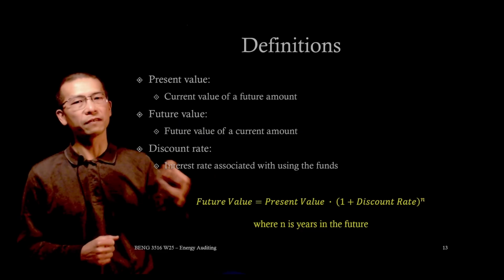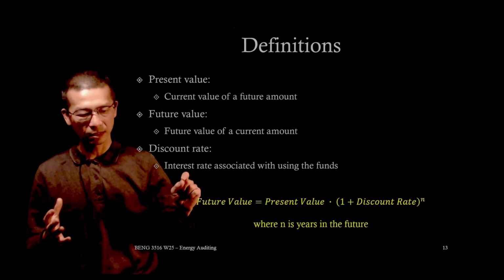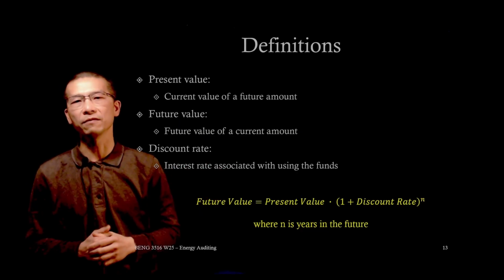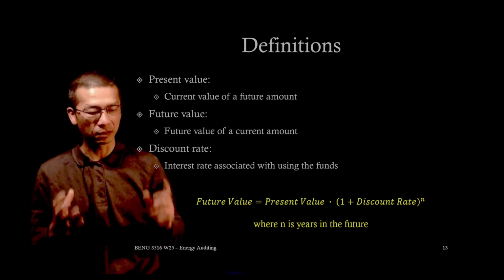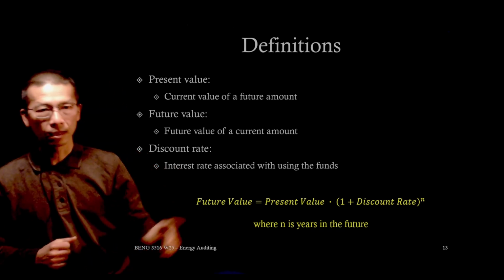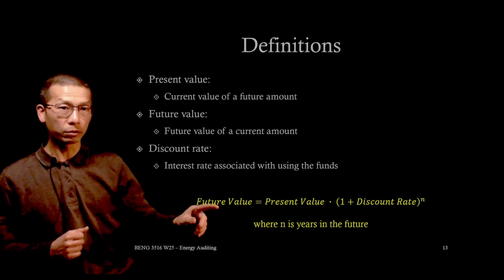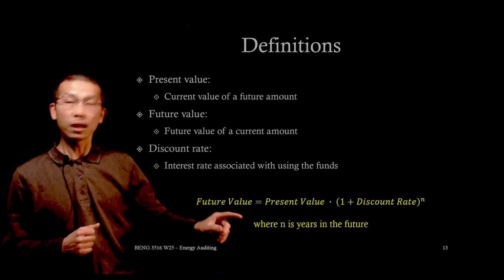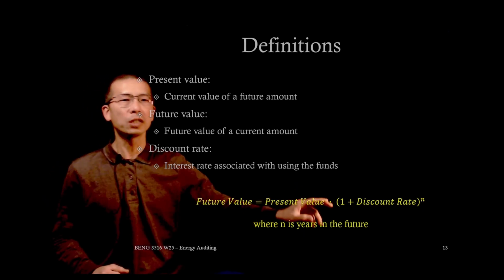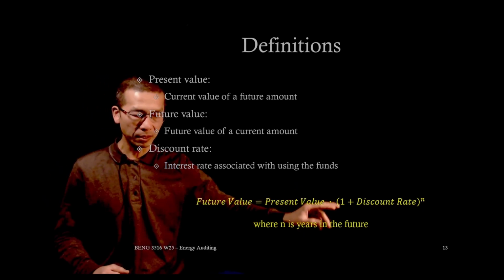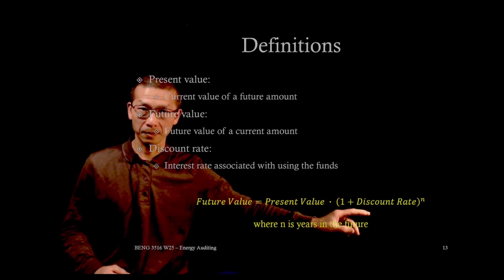It tells us if a project actually creates wealth after accounting for the cost of money. What does that mean, cost of money? Well, future value is present value multiplied by 1 plus discount rate.